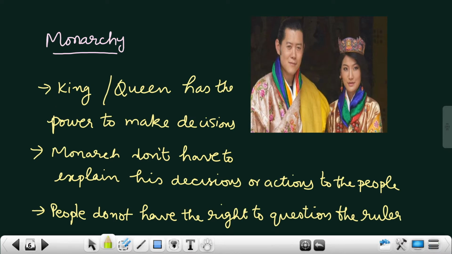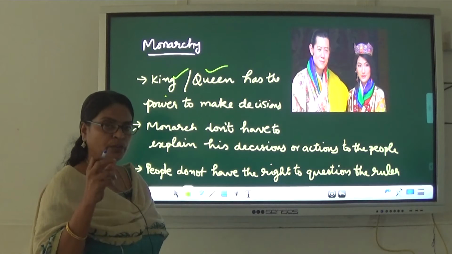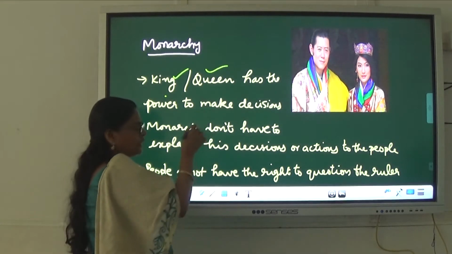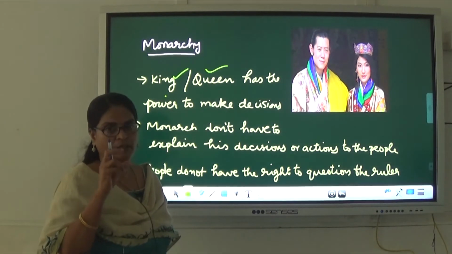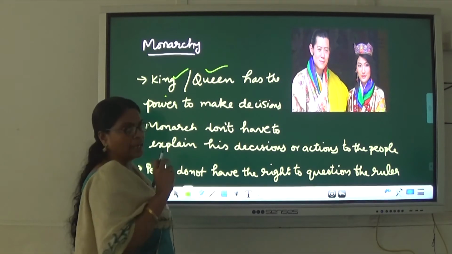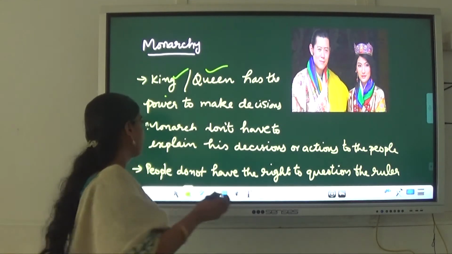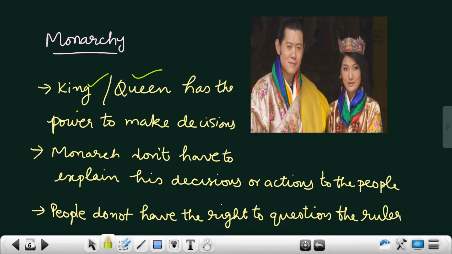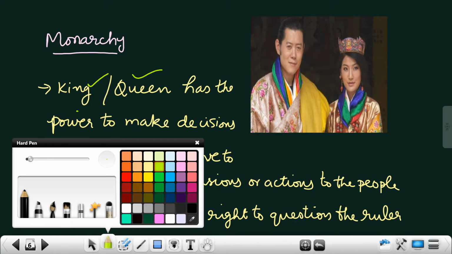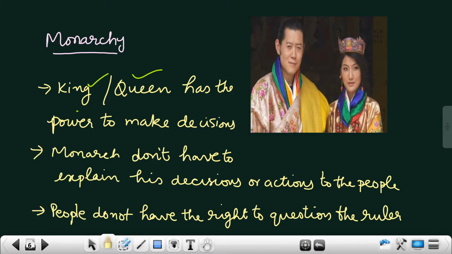What is monarchy? Children, what is monarchy? It is a form of government where a king or queen has the power to make decisions. The king or queen has the full authority to make decisions and take actions, and the monarch doesn't have to explain his decisions or actions to the people.